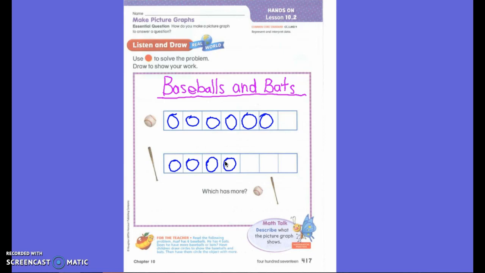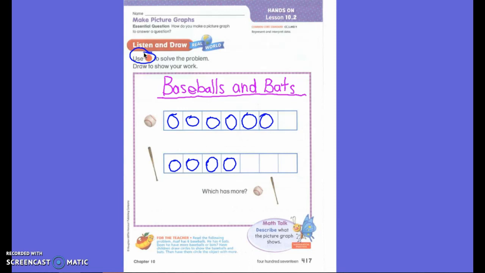So I'm going to use a counter because that's the picture it said to draw. 6 baseballs and 1 baseball in each box, right? And 4 baseball bats. Just by looking at my graph, which one has more? The baseballs or the baseball bats?